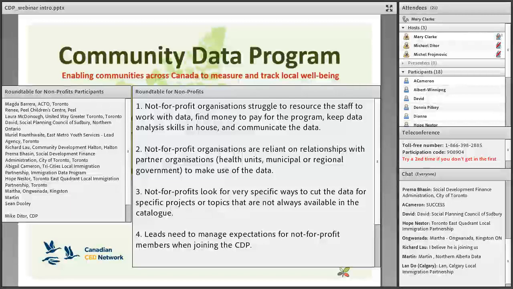Our first one is, not-for-profit organizations struggle to resource the staff to work with data, find money to pay for the program, keep data analysis skills in-house, and communicate the data.